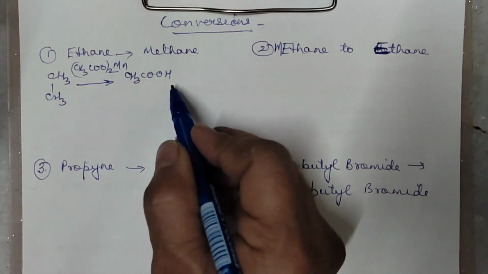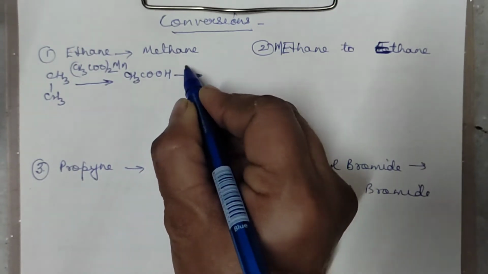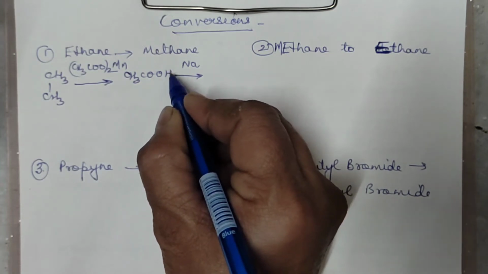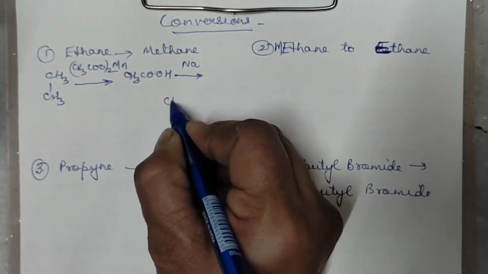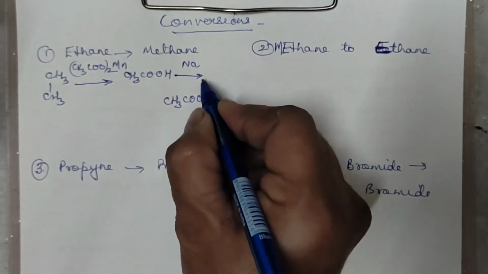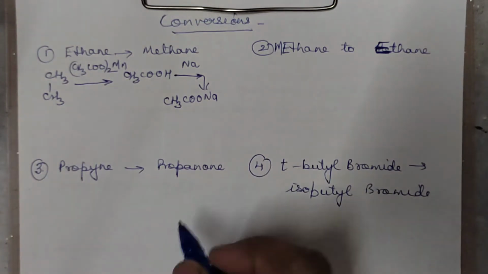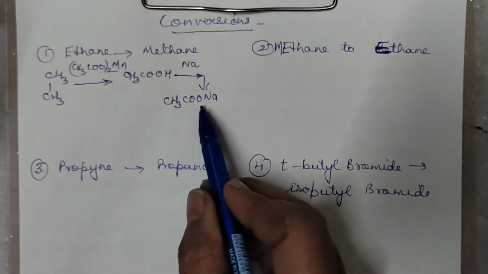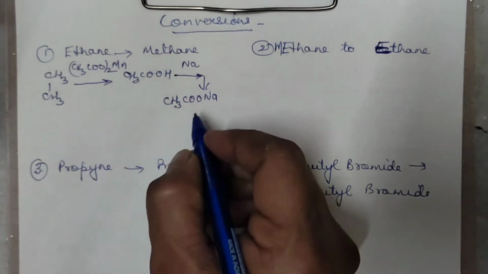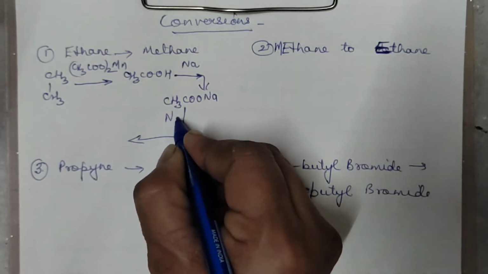Now this ethanoic acid you will have to treat with sodium. When you treat this with sodium, you will get the sodium salt here. That means you will be getting CH3COONa. I'm just writing the product this side. Sodium acetate you will get. Now from this, you can very easily prepare methane. What you have to do is carry out the reaction with soda lime.